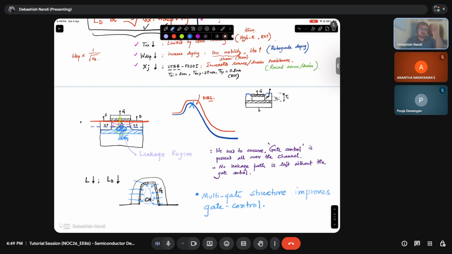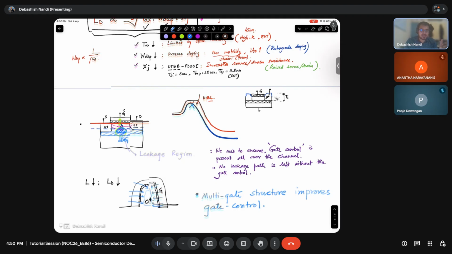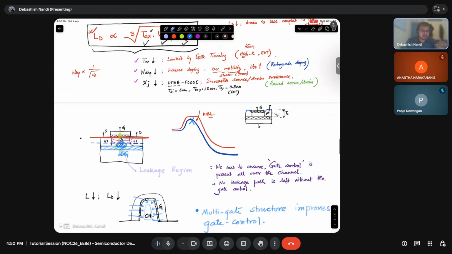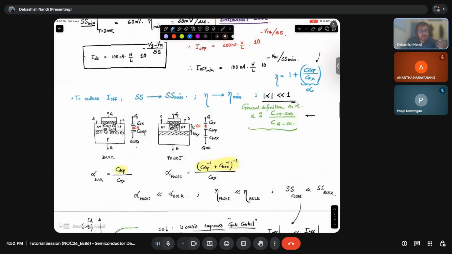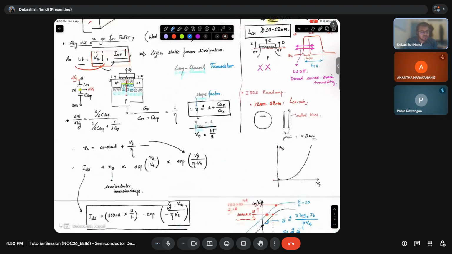One is that subthreshold slope thing. Another, everything is related. Another thing is that I do not want my leakage to be controlled by drain. I want it to be explicitly under the influence of gate so that I off can be lowered by lowering this LD. Threshold voltage lowering can be stopped and so many things. Fine. So these are the motivations behind the invention of FinFET.